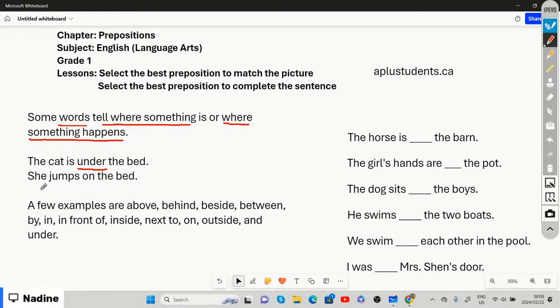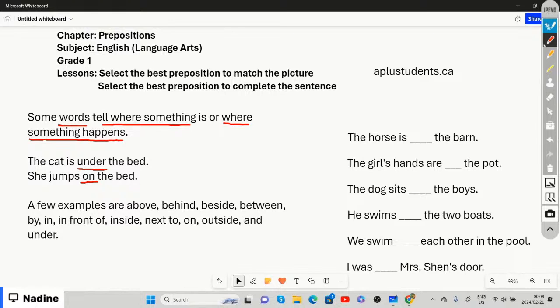And then we say, she jumps on the bed. The preposition within the sentence is on. And that tells us where something is or where something happens, right? So this is telling us where something happens: she jumps on the bed. And the cat is under the bed, that tells us where something is.